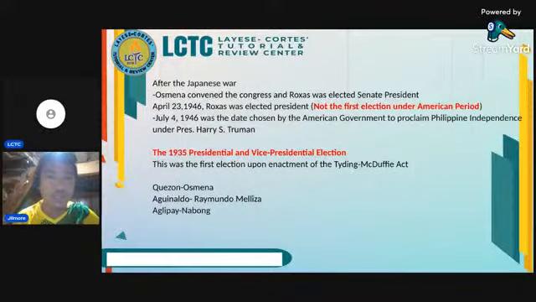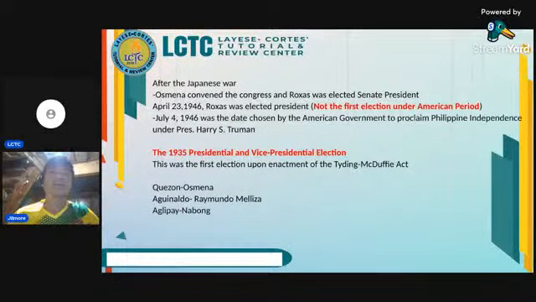After the Japanese War, Osmeña convened the Congress, and Roxas was elected as Senate President. April 23, 1946, Roxas was elected president. It was not the first election under the American period. It's actually the second presidential election during the American period.